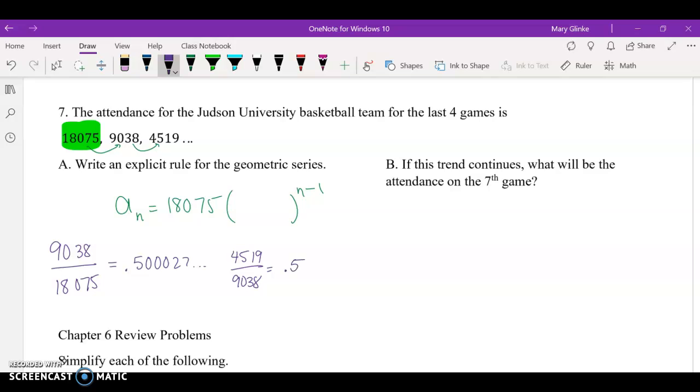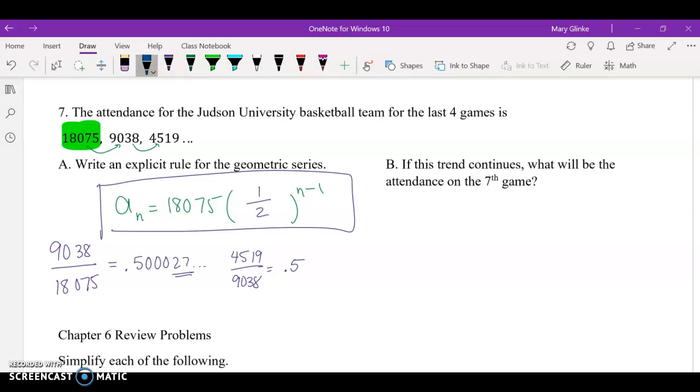So these aren't exactly the same, but what's happening here is you're talking about people. So I think some rounding occurred so that we didn't have to deal with, like, we can't say 9,037.5 people. So we're going to say that our rate for this one is 0.5 or 1/2. And again, it's just very, very slightly off, and that's because we're talking about people. So our rate is 1/2.